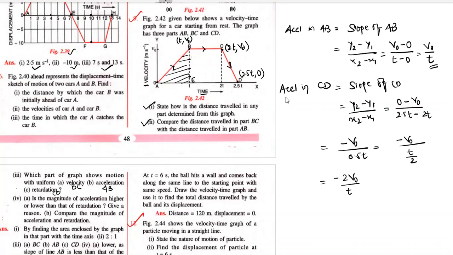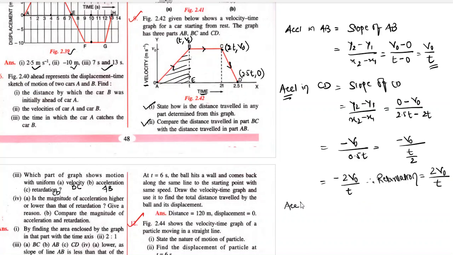And see, this is acceleration. We want the magnitude of acceleration or retardation. So therefore we can say that retardation in CD is nothing but 2v naught by t. Now we have to compare also. They have said compare the magnitude of acceleration and retardation.